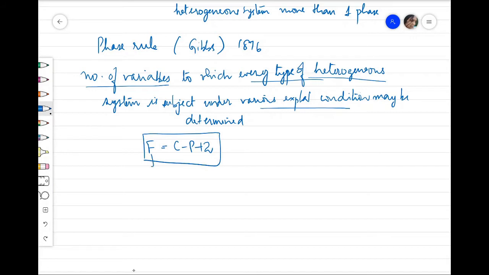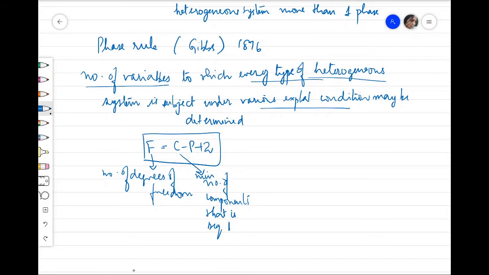Now F is what we know as the degrees of freedom, or rather the number of degrees of freedom. C is the number of components, or to be more precise, the minimum number of components that is required to define a system.